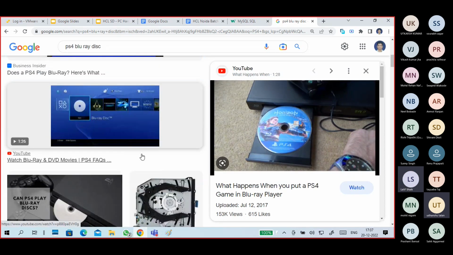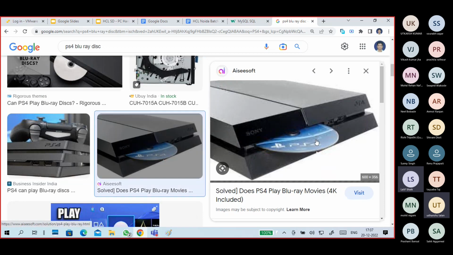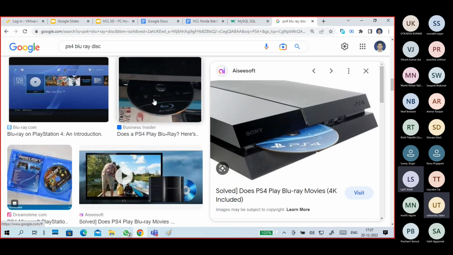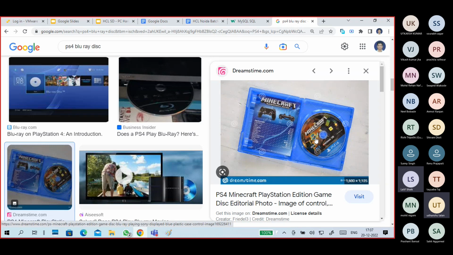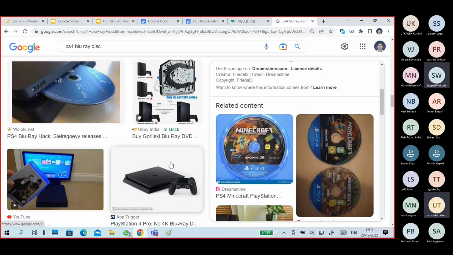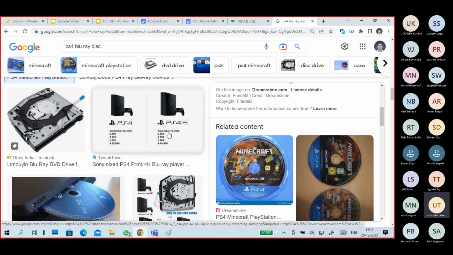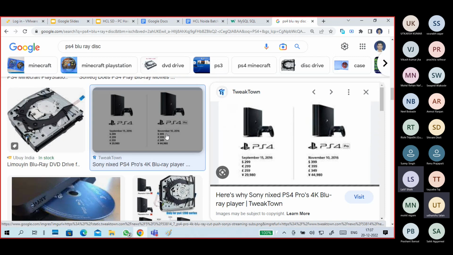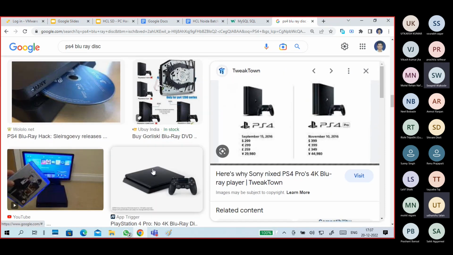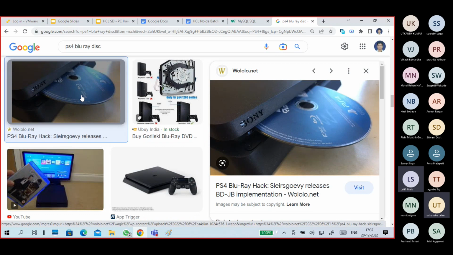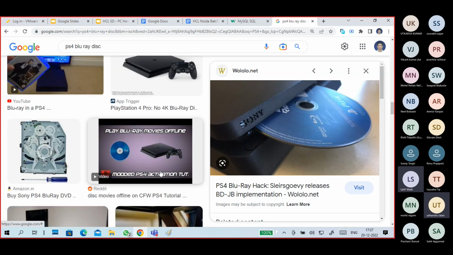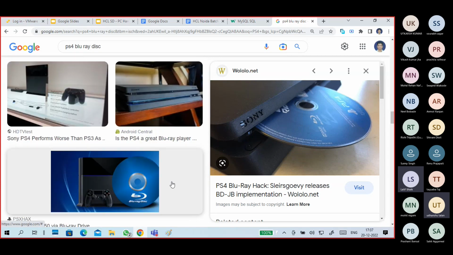Blu-ray discs are used because they can store heavy data. It looks similar to a CD. CD, DVD, Blu-ray, same size, same look. The only difference is the density.